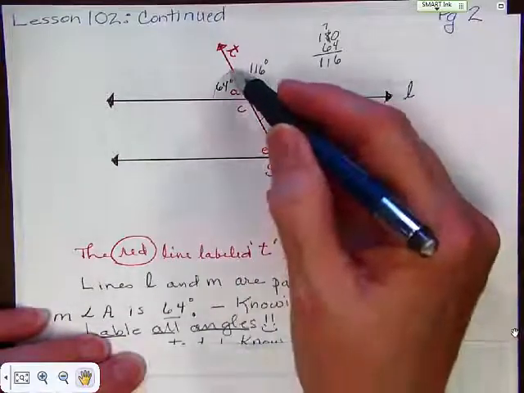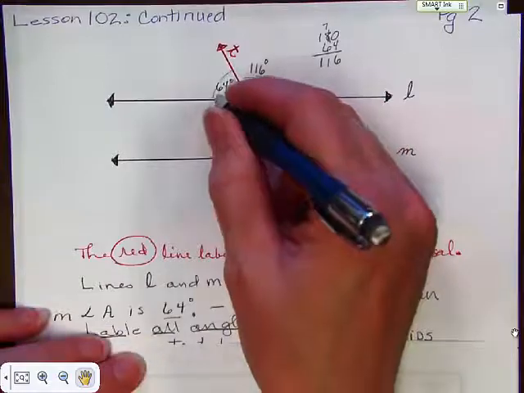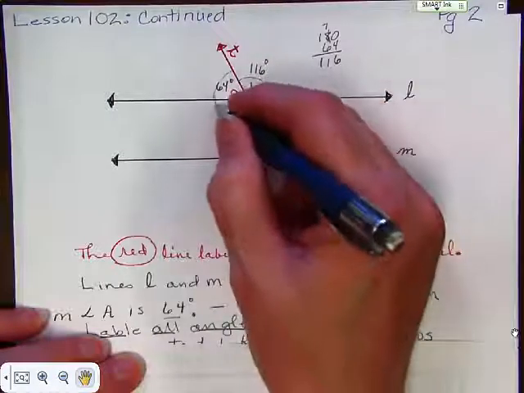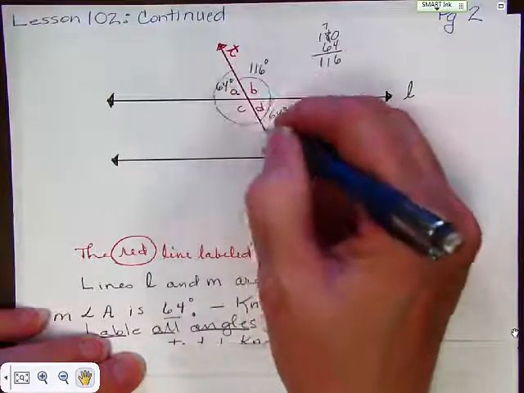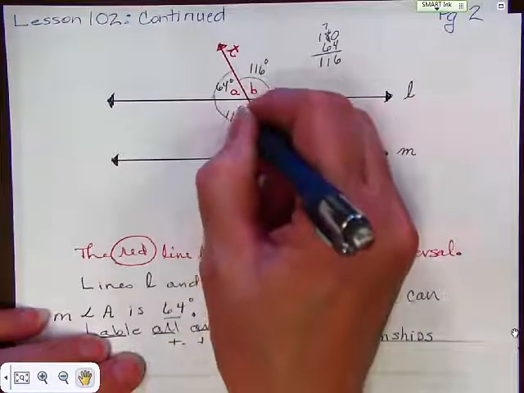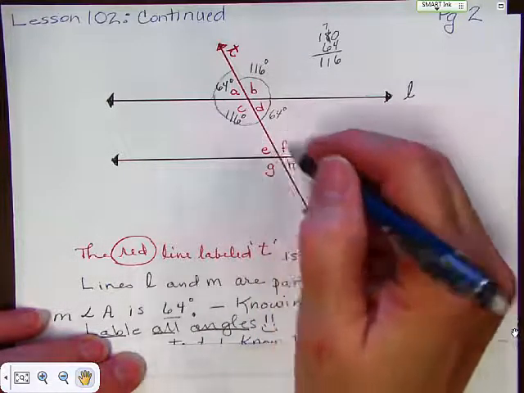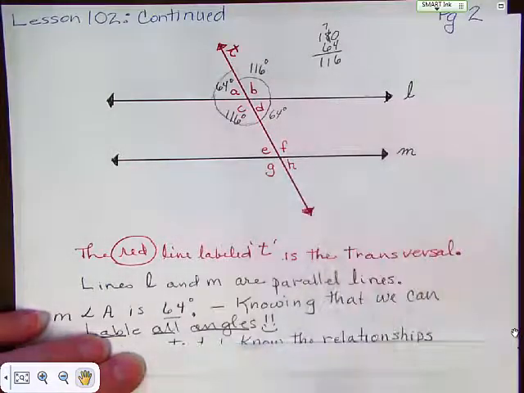And if this angle here is 64 degrees, and this is a straight line, then this angle's got to be 116, right? We're going to go that far, and then in a minute or two we're going to talk about how we can figure out these angles down here. Okay, going on.